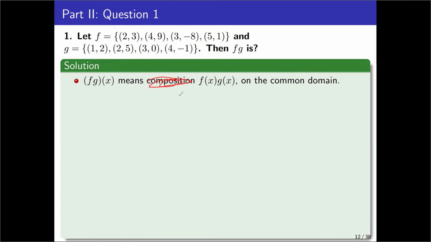So f times g of x means f of x times g of x on a common domain. That means for this operation to be practicable, f and g must have a non-empty common domain.